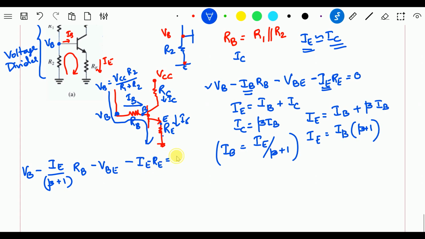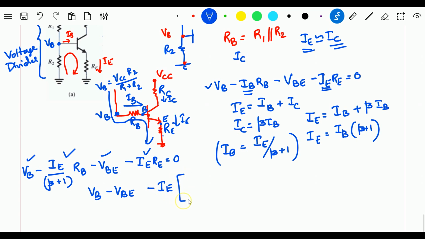Now in these two terms I can take IE common. So I'll just write VB minus VBE as a separate term, and I'll take minus IE common here.